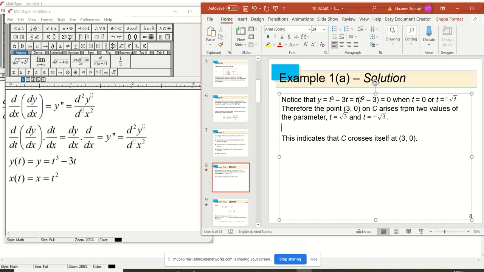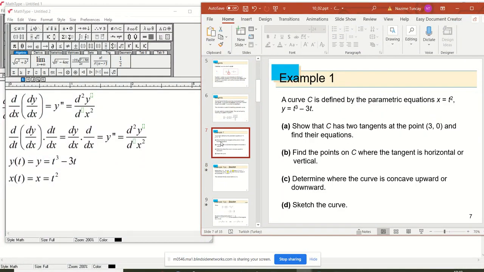Yes, here these are the points where y equals to 0. You see this is x and this is y equals to 0. So here what we do, we put this y equals to 0. So this 0 comes from here. Okay, so what did the equation want from us?